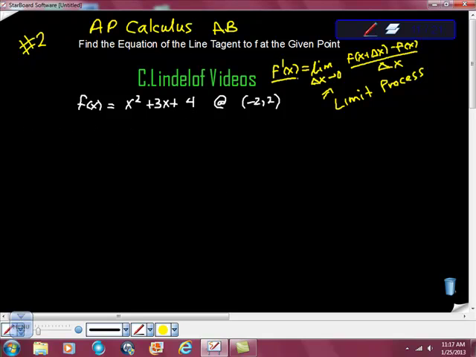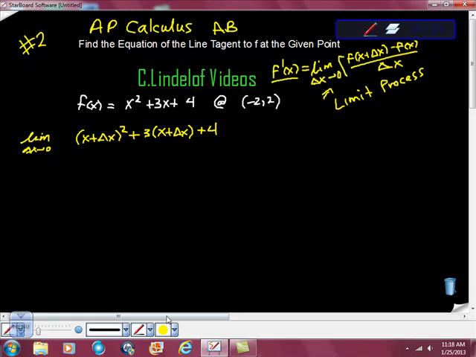You don't have to write this every time, but you do have to write the limit as the change in x approaches 0 every time. And then all I'm going to do is fill in the blanks. I'm going to use this as my model. So I'm going to take x plus change in x squared, plus 3 times x plus change in x, plus 4.